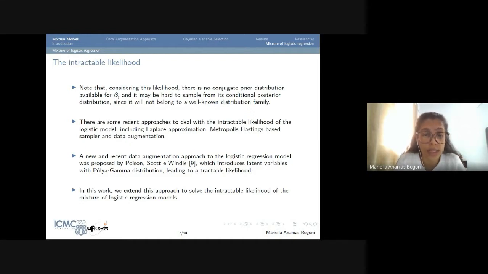Regarding data augmentation, a new and recent approach for the logistic regression model was proposed by Polson in his article of 2013, which introduced latent variables with Pólya-Gamma distribution to the logistic model, without considering the mixture case, leading to a tractable likelihood. In this work, we extend this approach proposed by Polson to solve the intractable likelihood of the mixture of logistic regression models.